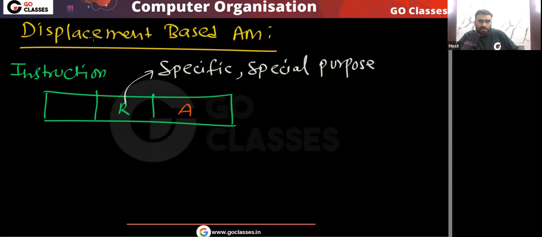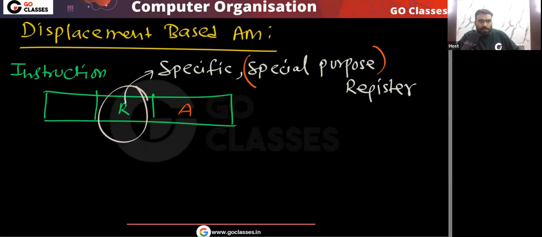Remember this R: this R is a specific special purpose register. Normally this is special purpose, but it can be general purpose also. Most of the time it will be special purpose.